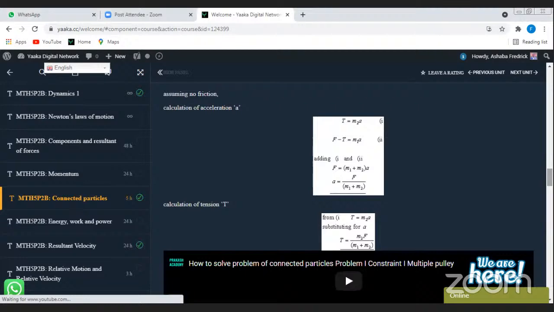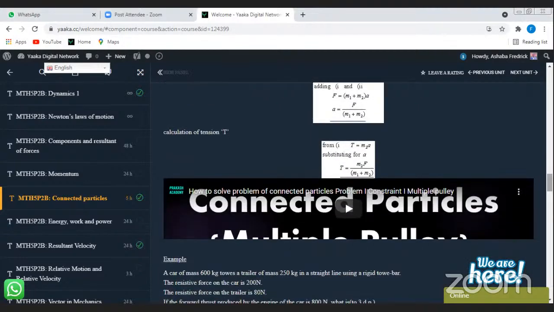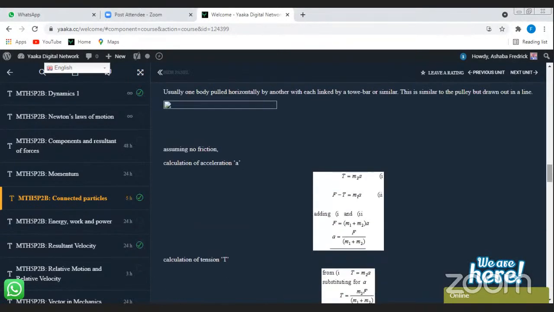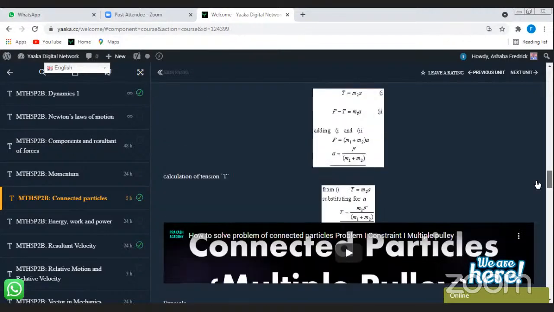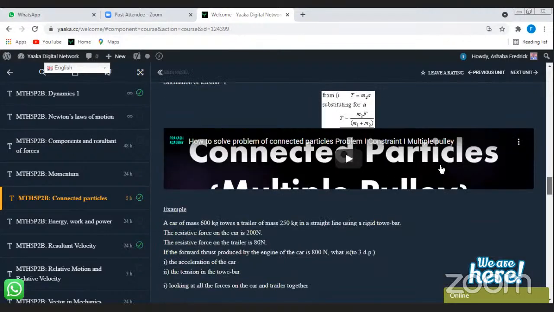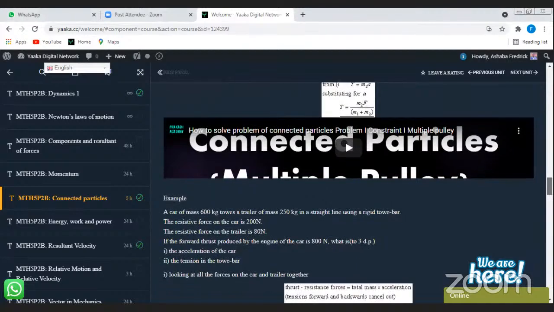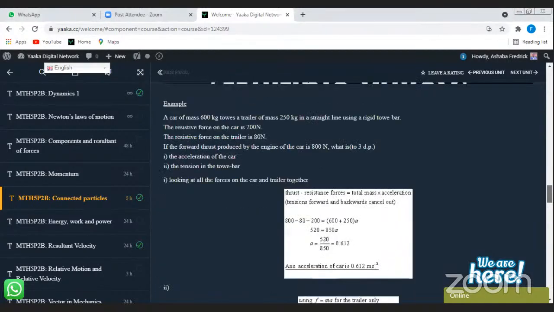These ones are also showing connected particles. There was some image here which disappeared, I think. This video also shows two connected particles.